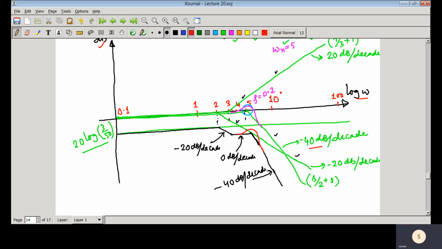And then because of that zeta value, zeta is not equal to 1, that is zeta equal to 0.2, so there would be a small correction. That correction is shown here around that corner frequency. That corner frequency is 5.